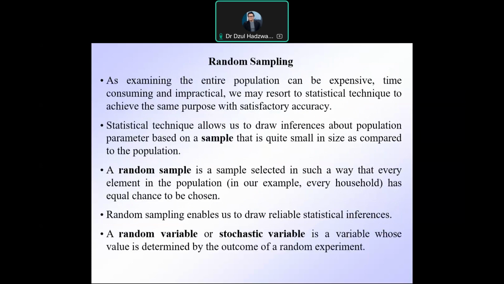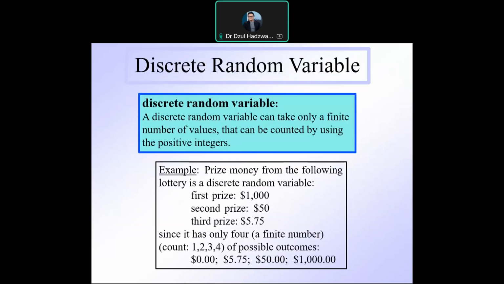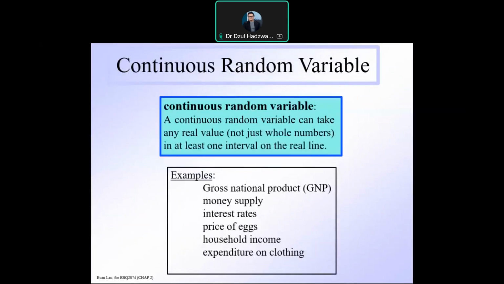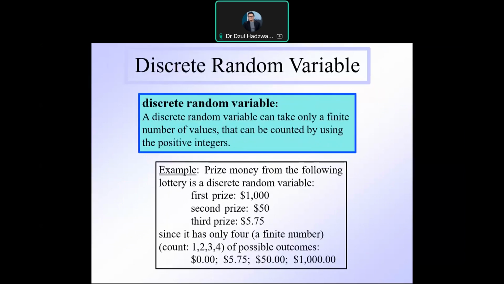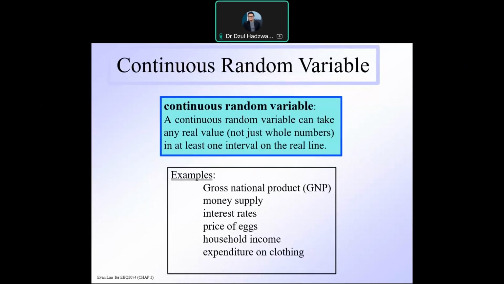Just for your information, these are some of them: random sampling, discrete random variable, continuous random variable. I will leave it to your coordinator for research methodology to explain in detail how to form a sample.